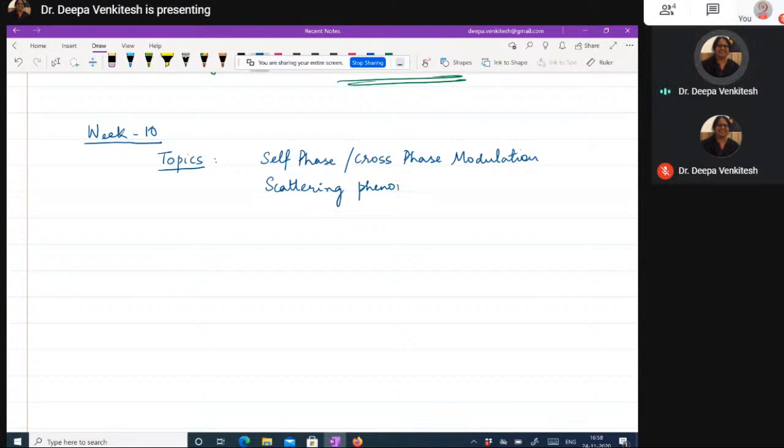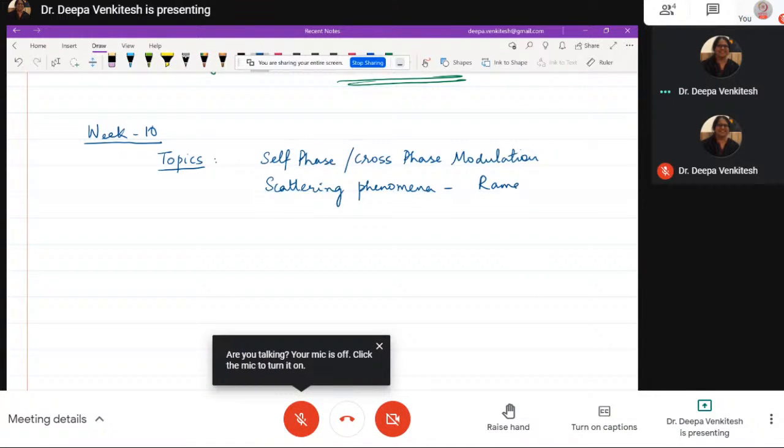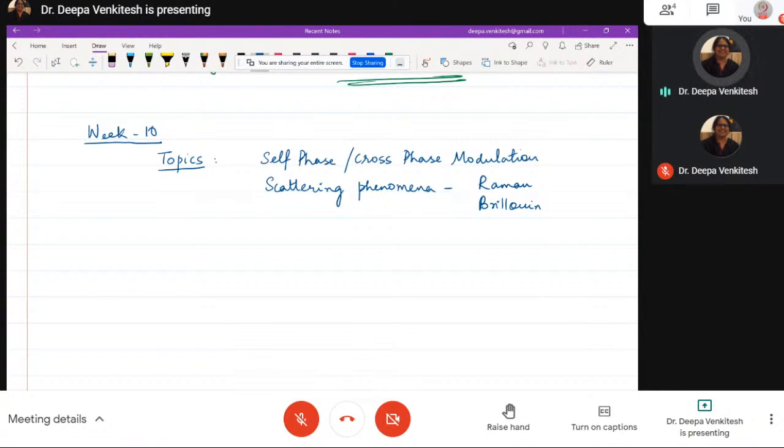And we discussed in detail Raman scattering and Brillouin scattering. Raman scattering, as we discussed, could be used for making amplifiers, which are useful for communication systems. But Brillouin scattering is typically considered a deterrent for optical communication systems.